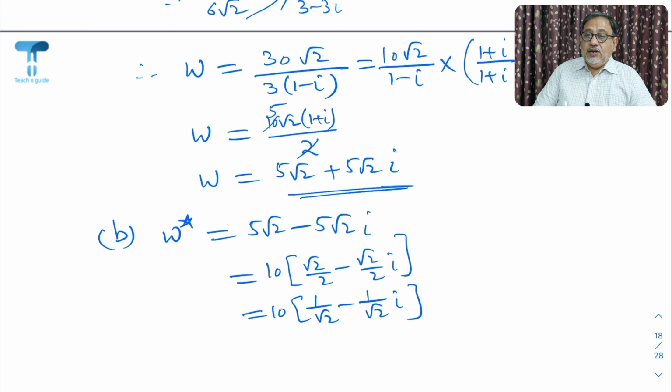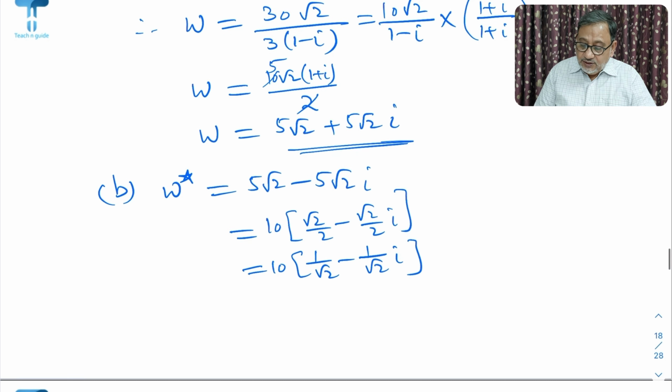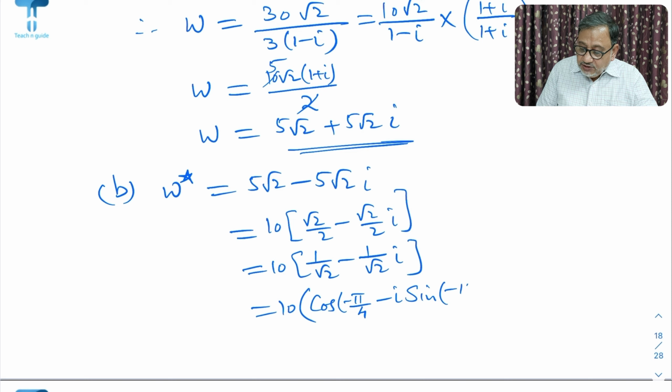Okay, and if you want to combine them together, this will be cos of minus pi by 4 plus i sine of minus pi by 4, because minus sign I am taking inside so that I have the same argument with both of them, right?